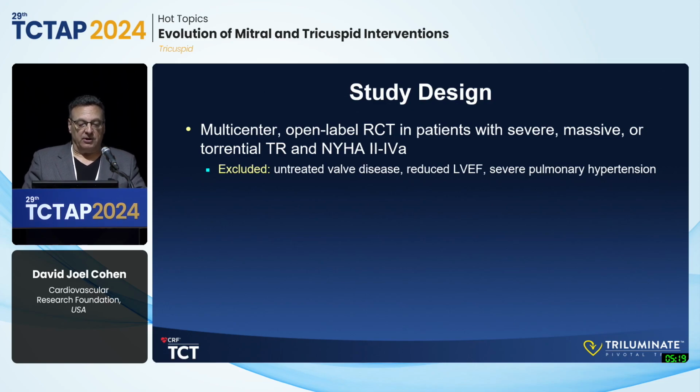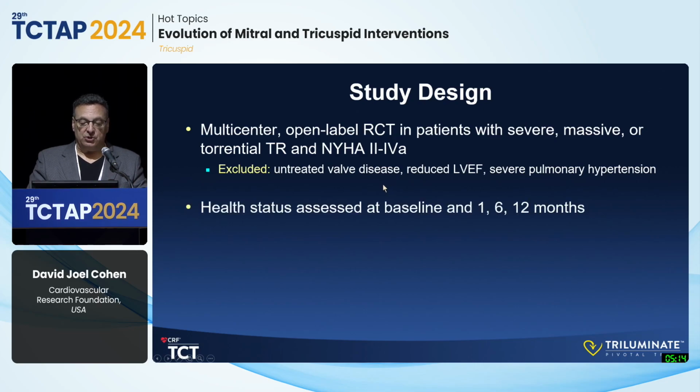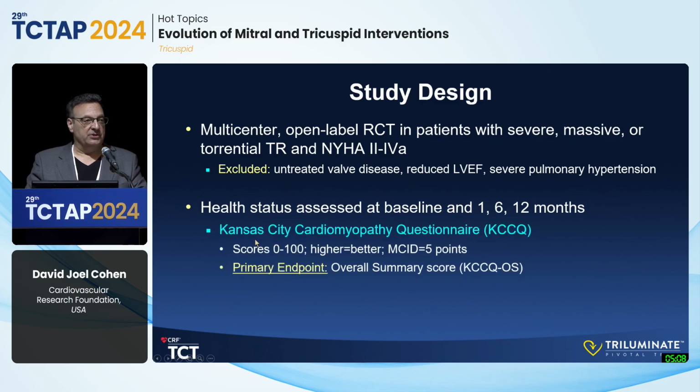There were several groups of patients who were excluded, who had untreated other cardiac conditions. The health status was assessed at several different time points, and the primary instrument was the increasingly familiar KCCQ. This is a heart failure specific scale, which we have now validated for tricuspid regurgitation. The scores range from 0 to 100.